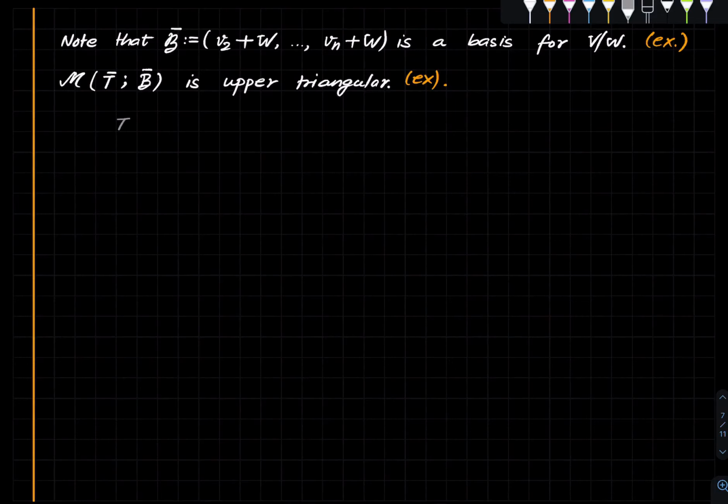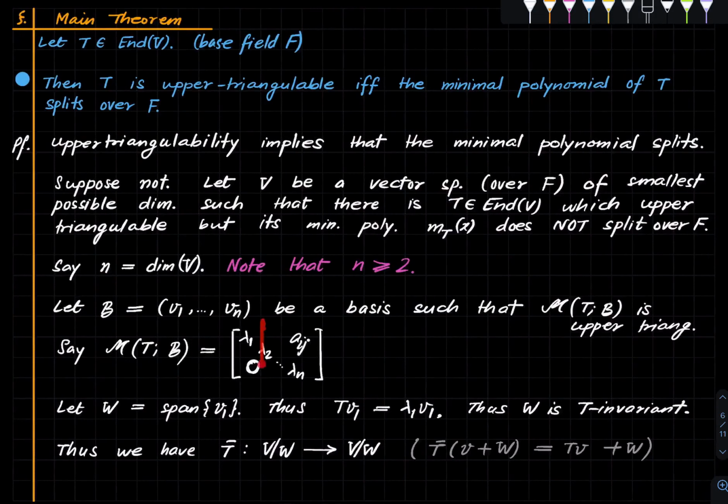Let's calculate. So T bar of V2 plus W, this is equal to what? This is equal to TV2 plus W. What is TV2? TV2 is A12 V1 plus lambda 2 V2, plus W. Why is that? Because TV2, you look at the second column, and here you have A12. So TV2 is A12 times V1 and A22 times V2, but A22 we have written as lambda 2.